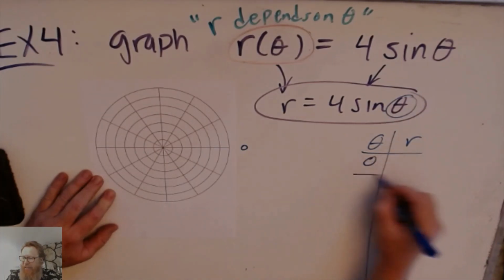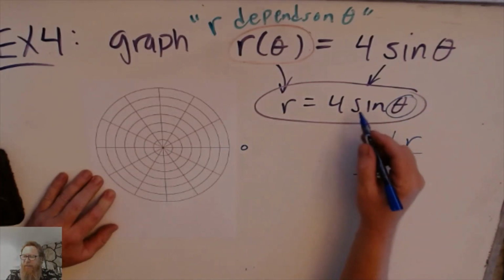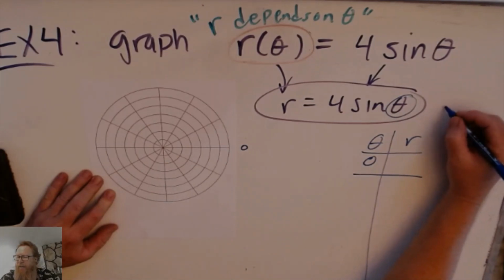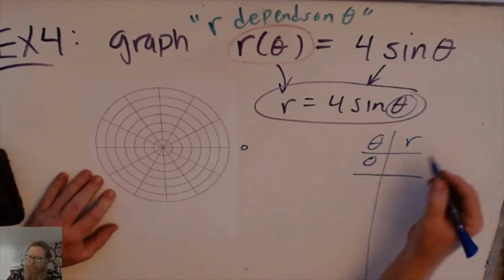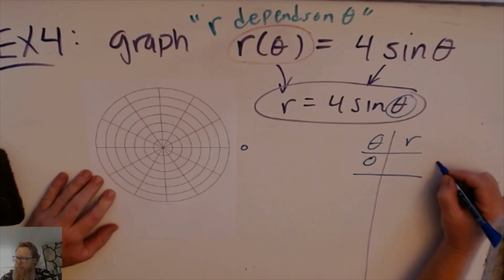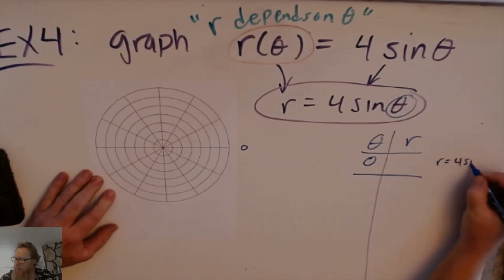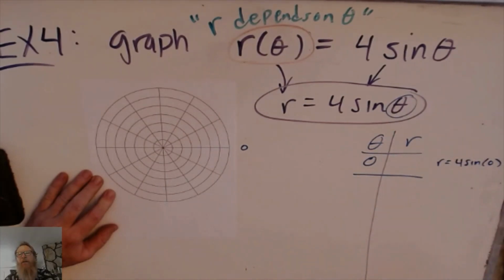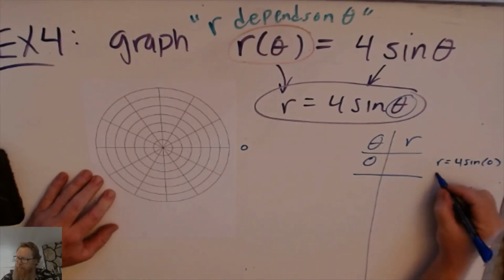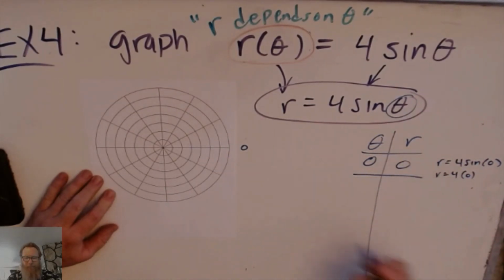So if theta is 0, then r is 4 sine of 0, which is 4 times 0, so r is 0.